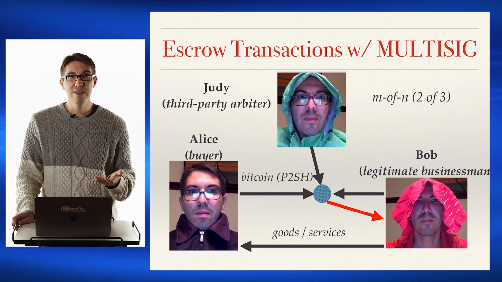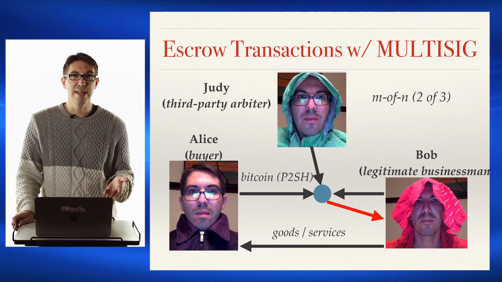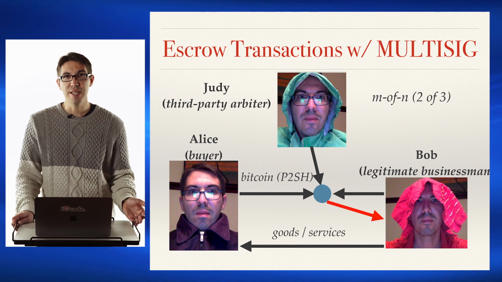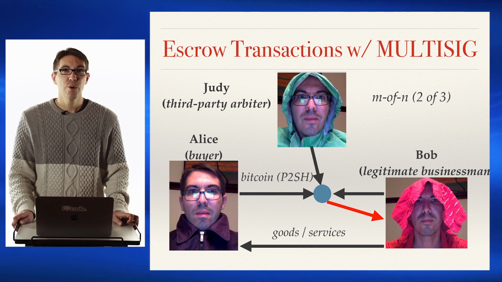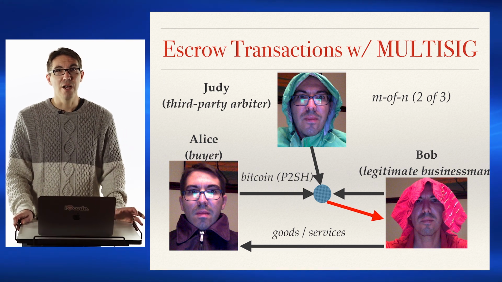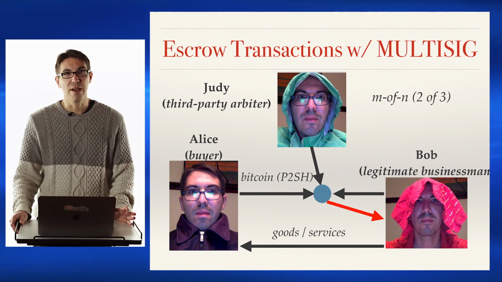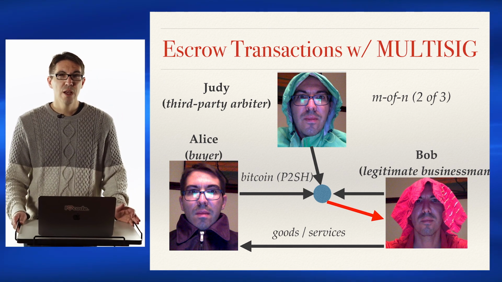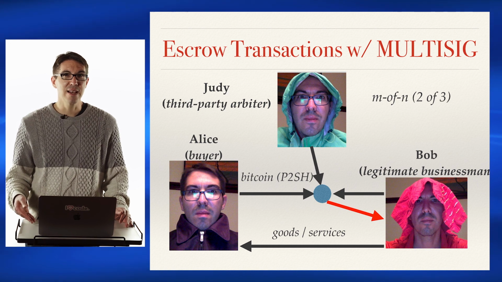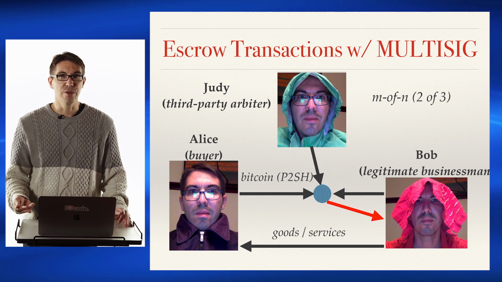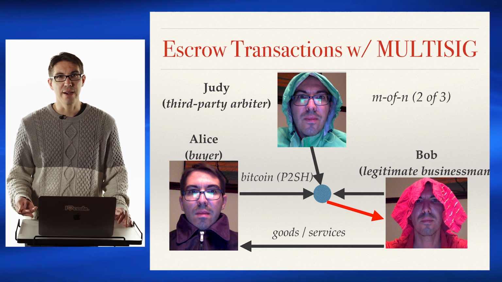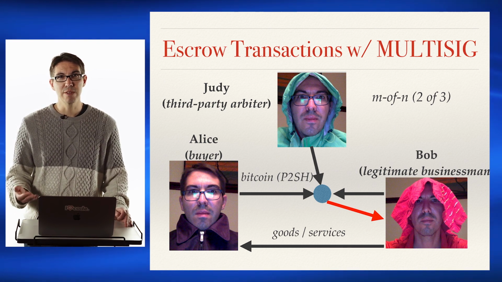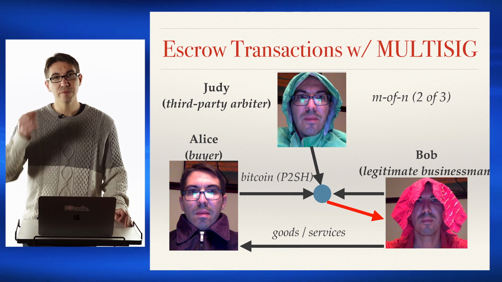However, if there is some sort of argument where you say that the landlord never fixed your sink and so you don't owe them as much money, or the landlord says that you had a party and destroyed their walls or something, well, then the bank can act as the arbiter on whether or not the renter should be able to get back their money. That money was kept in escrow.